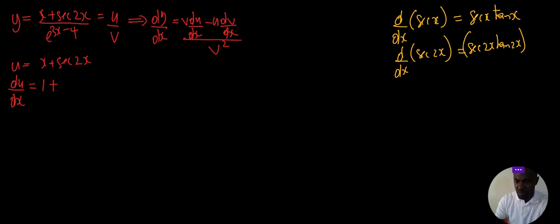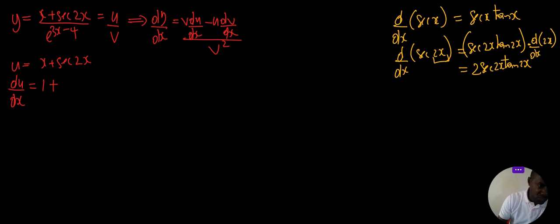But because it's a composite function, we have to multiply by the derivative of 2x, which is d by dx of 2x. When we differentiate 2x with respect to x, we get 2. Therefore, this gives us 2 sec 2x tan 2x. So the derivative of sec 2x is equal to 2 sec 2x tan 2x.